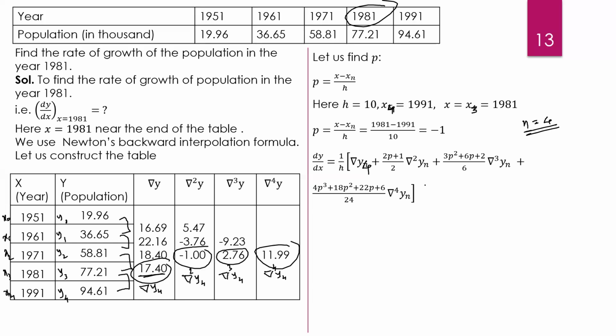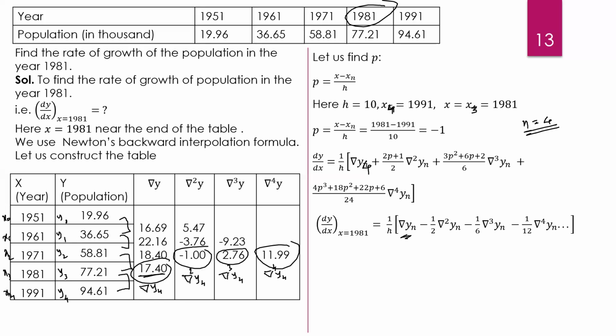Now in this equation, substitute p equal to -1. In the first term p is not there, so keep it as it is. The second term, when we put p equal to -1, becomes (-2 plus 1) divided by 2, that is -1 by 2. Similarly, substitute p equal to -1 here.